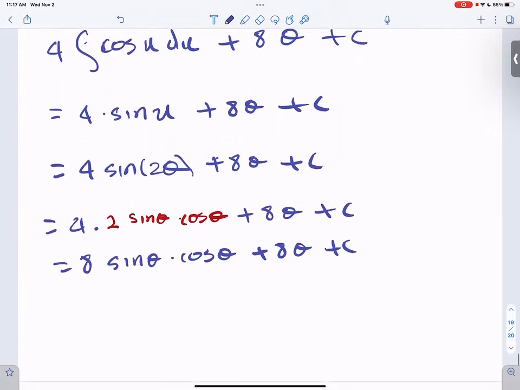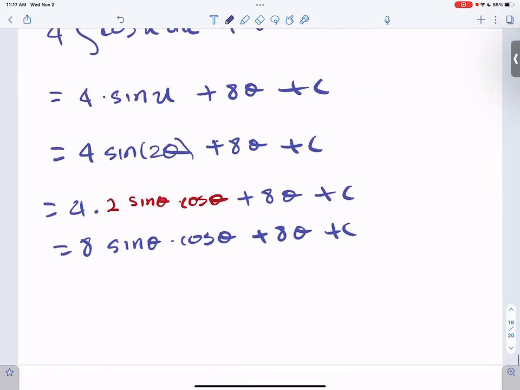And then we will write this as 8 times theta plus 8 sine of theta times the cosine.